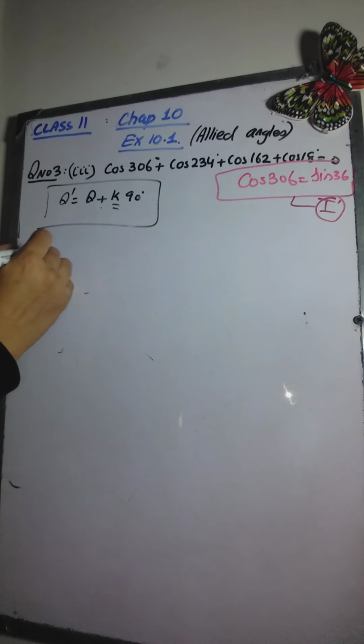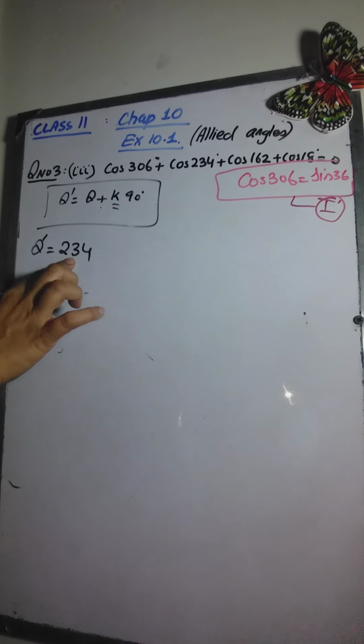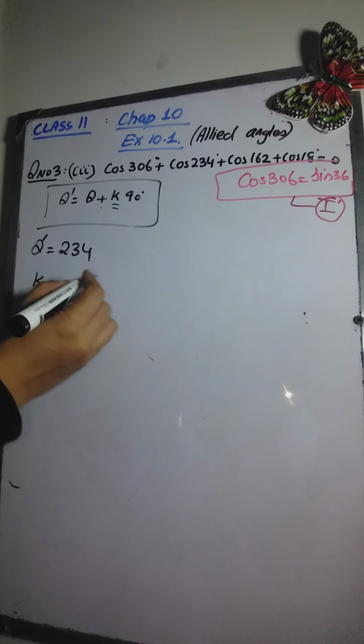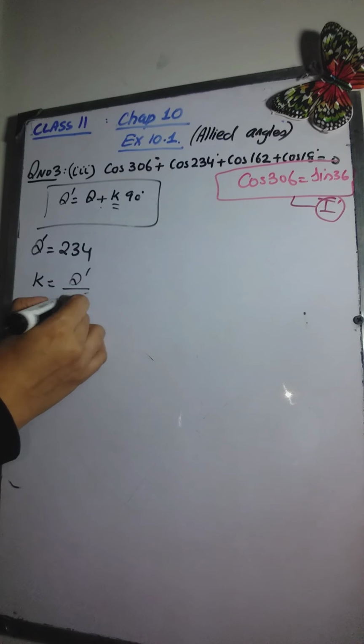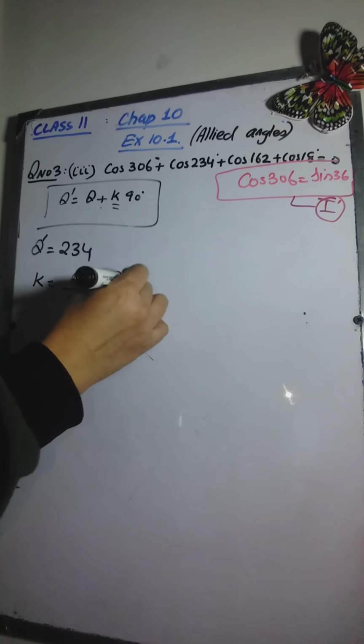For that, I am going to divide. Theta dash is 234. Okay, we are trying to find the relation for 234. In order to find k, we have to divide theta dash by 90 degrees. This is 234 divided by 90, which will give us the approximate value of k.